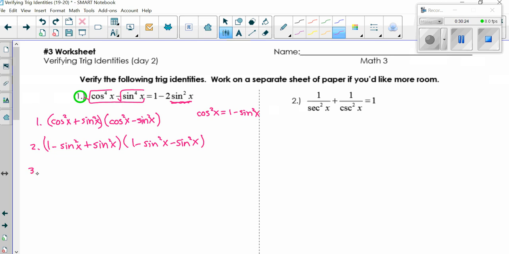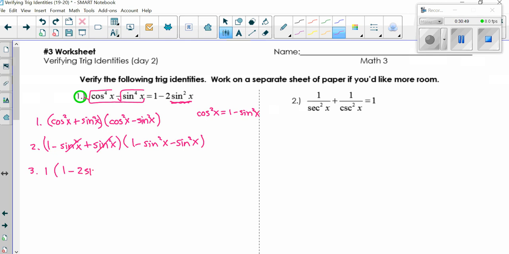My next step, I can combine like terms. Actually, this one here and here cancel, leaving me in this one with just a 1 times, and over here this is going to change to 1 minus 2 sine squared x, since I have 2 of these.